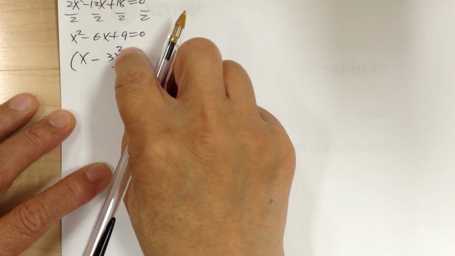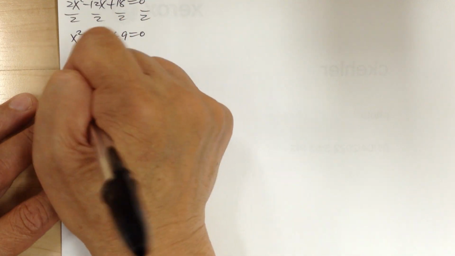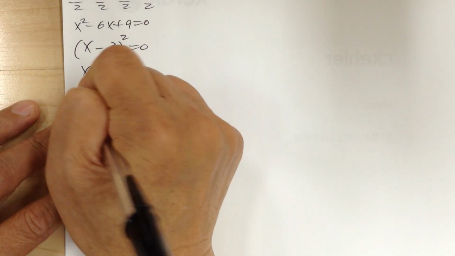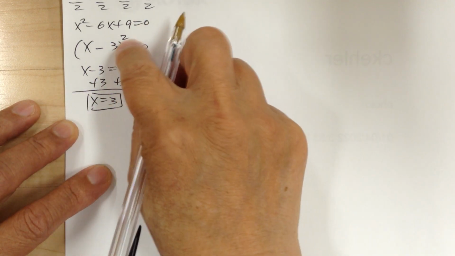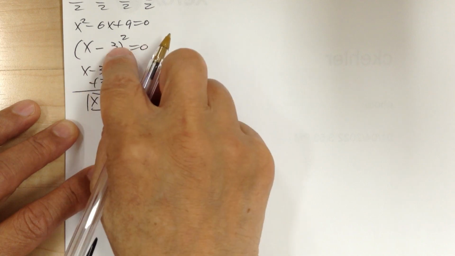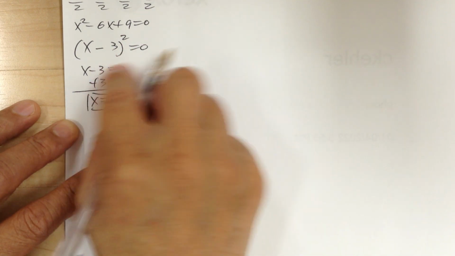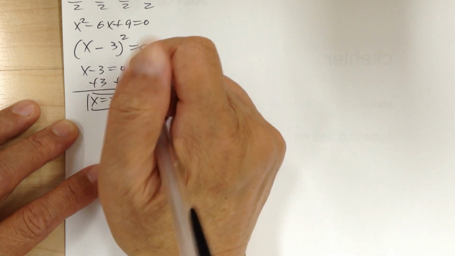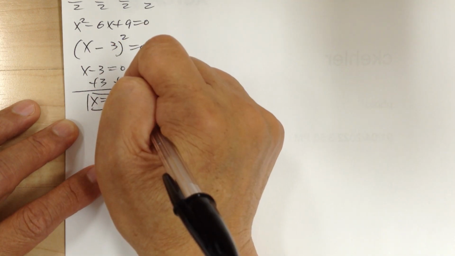It means you're going to get two of the same thing. You set it equal to 0, so you got x equal to 3. Now this is the double root because you got two of the same thing. This means it's x minus 3, x minus 3. So this is the double root.